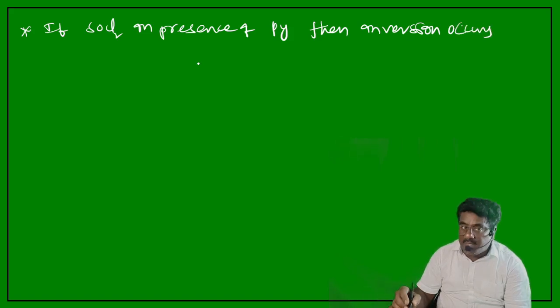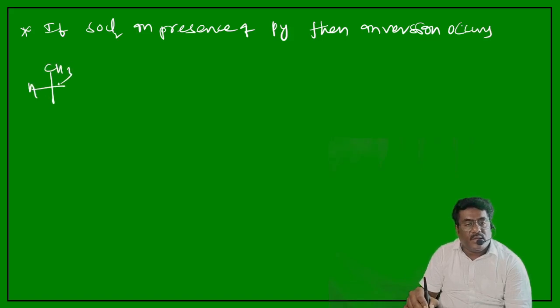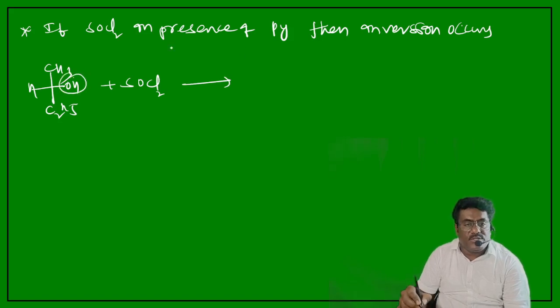I am taking an example: CH3CH(OH)C2H5 in presence of thionyl chloride, SOCl2. What is the product? Simply OH is removed, adding the chlorine: CH3, Cl, H and C2H5.